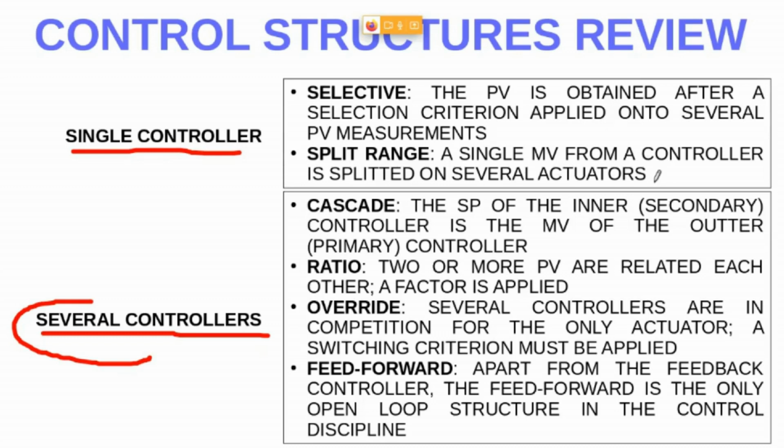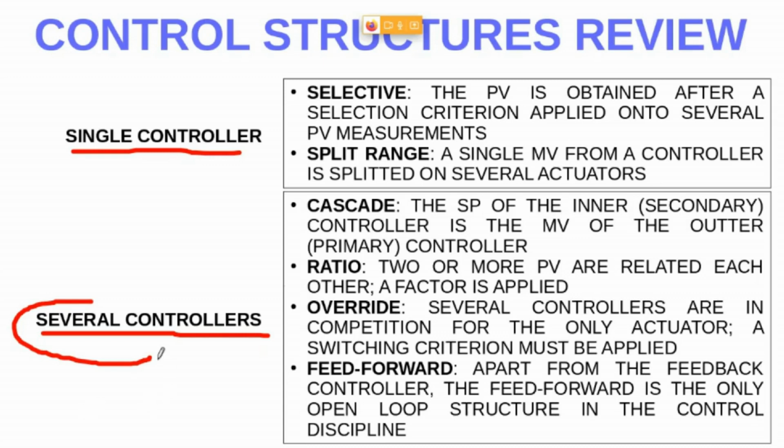This happens, remember, when, for example, you can control the level in a tank by mixing hot and cold water. You can control the pressure, for example, in a chemical process, just by acting on the input valve and the output valve. So you can split the manipulated variable onto several actuators.